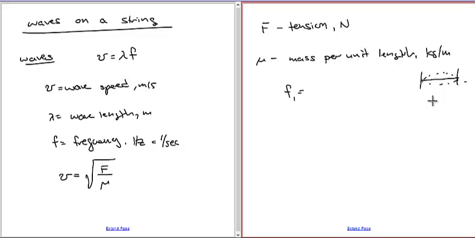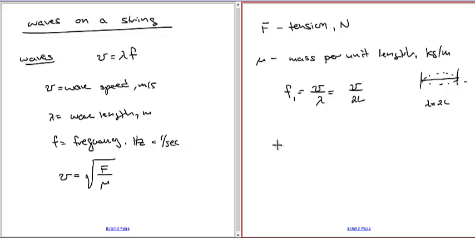So in this case, for the fundamental frequency, the wavelength equals 2L. So if we use this equation, solve for frequency, it's v over lambda, but in this case lambda is 2L. So you get that for your frequency.